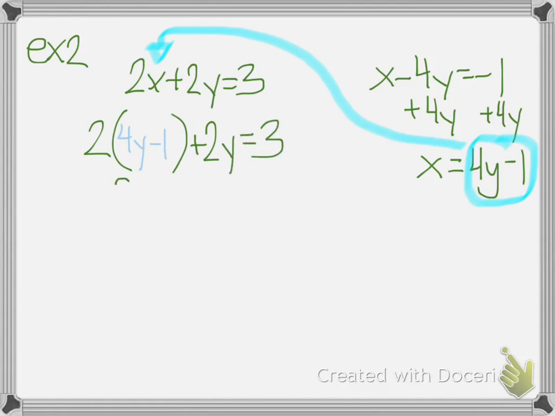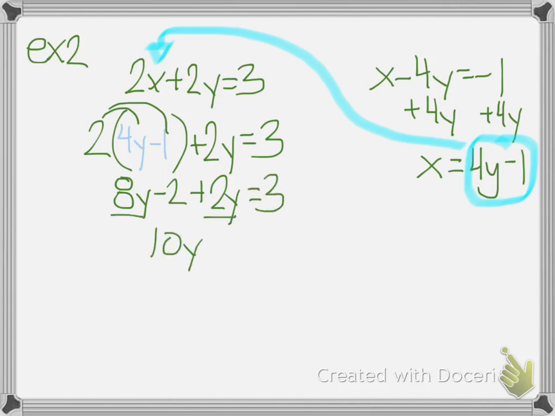Now you just distribute. We combine some like terms, and then we simplify in order to get y by itself.